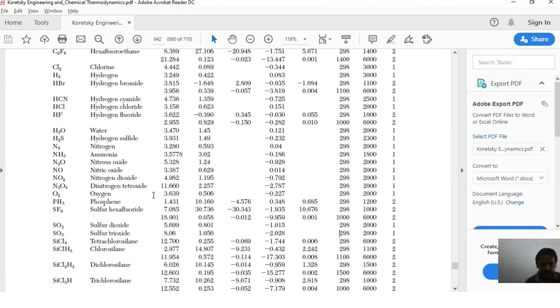For O2, A, B, C is 0, D is also 0. For SO2, A value is 5.699, B value is 0.801, C value is 0, D value is minus 1.015. For SO3, A value is 8.06, B value is 1.056, C value is 0, D value is minus 2.028 and E value is 0. Now let us substitute these values in the Excel.